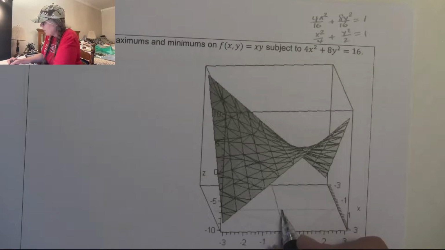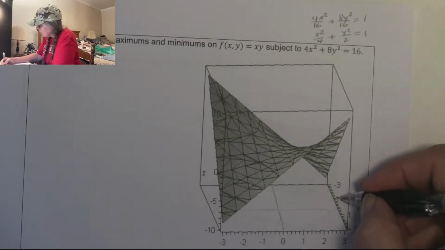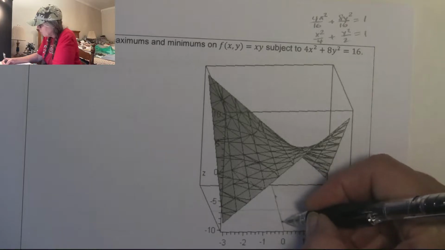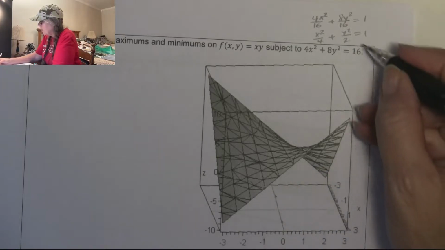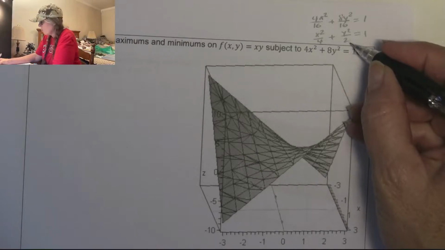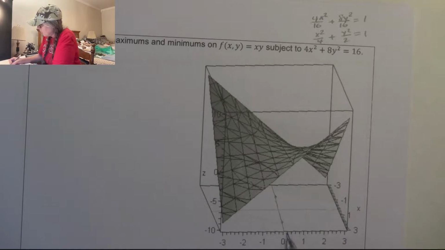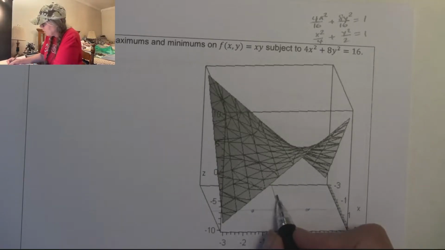In the x direction, I want to go 2 from the center, 2 this way and 2 this way. And in the y direction, I want to go the square root of 2, which is around 1.4, here somewhere and this way around 1.4, just for the idea, not perfectly drawn.